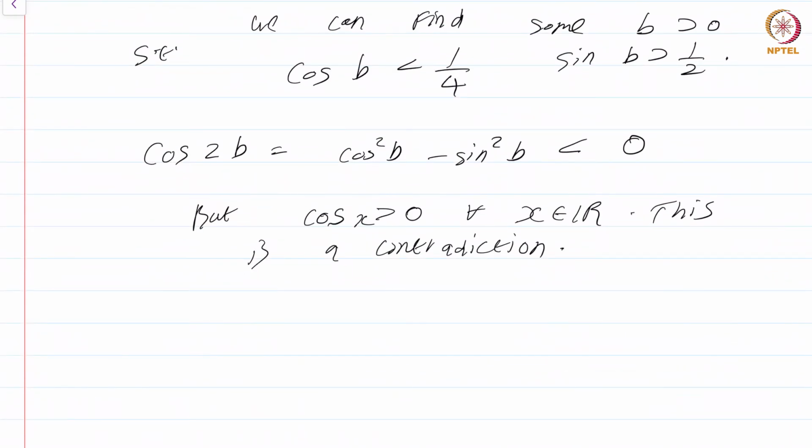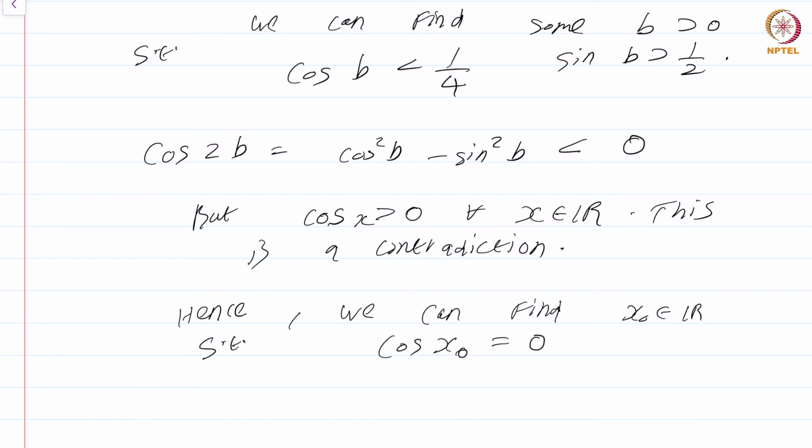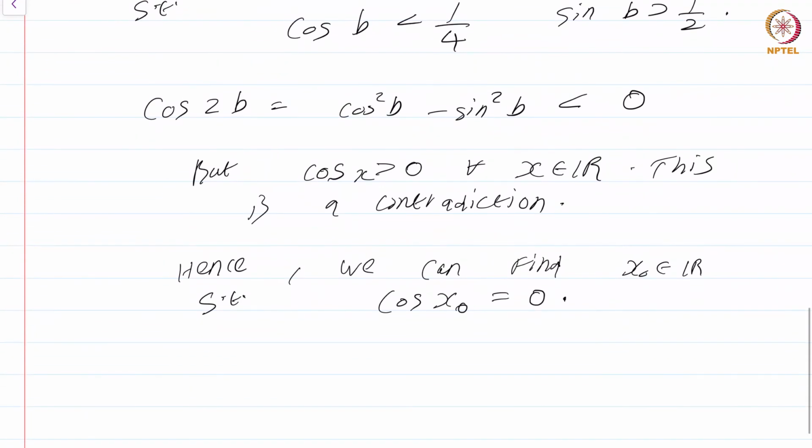Okay, hence our assumption is wrong. We can find x naught in R such that cos x naught is equal to 0. Okay, now what we are going to do with this is define pi the following way.